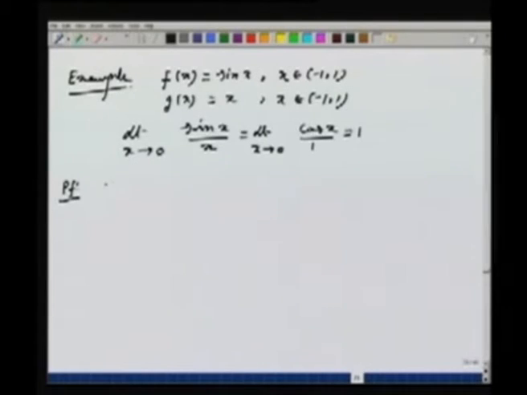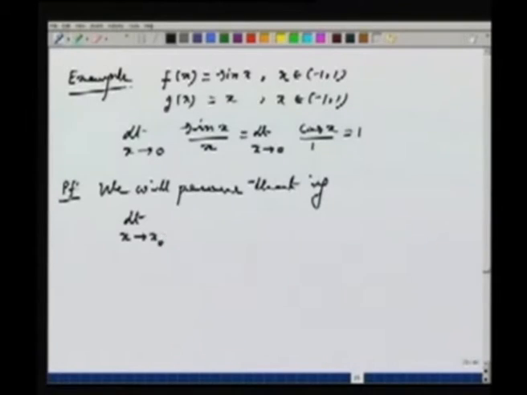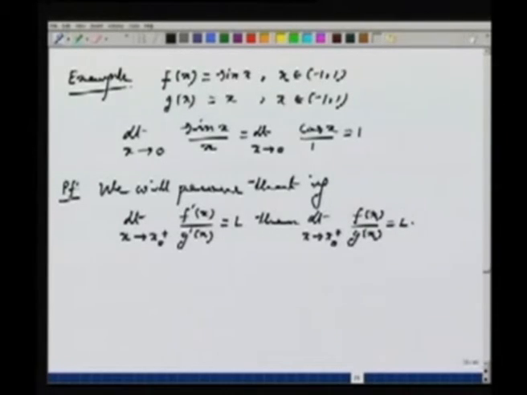What we will prove is that if the limit as x goes to x naught plus of f prime x by g prime x is equal to L, then the limit as x goes to x naught plus of f(x) by g(x) is also equal to L. So we start with f(x) by g(x).